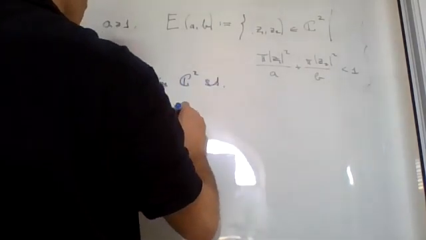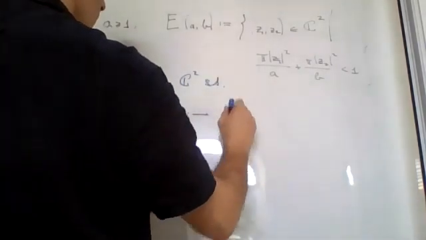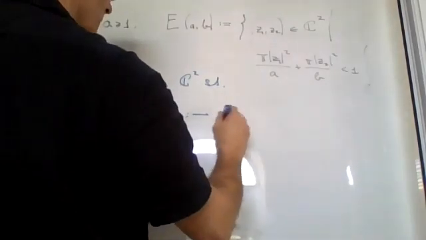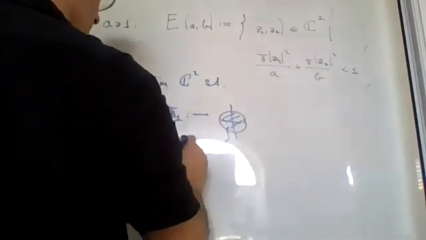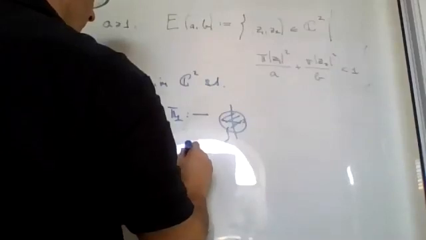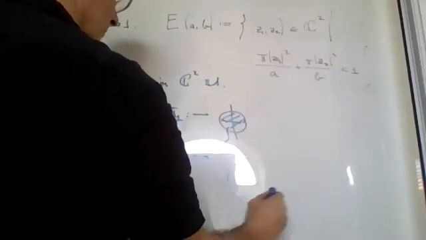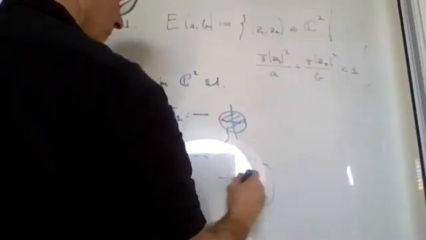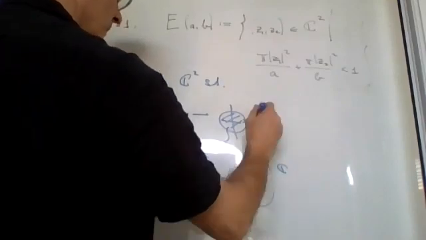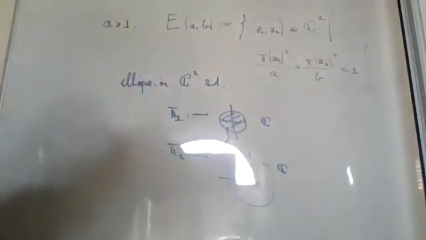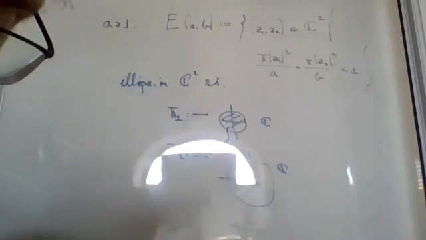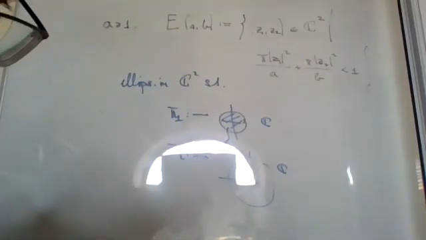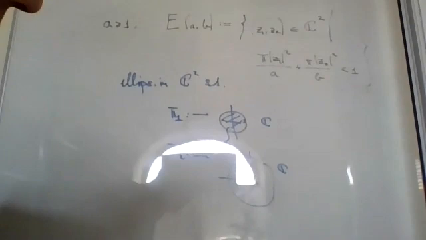So there is a standard form for any sublevel set of a positive definite quadratic form.